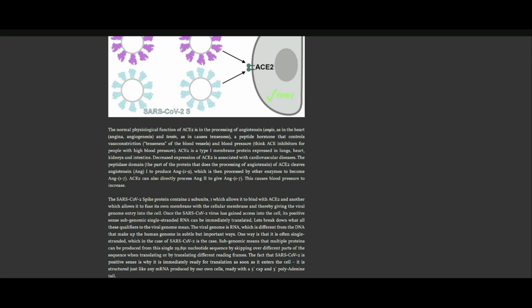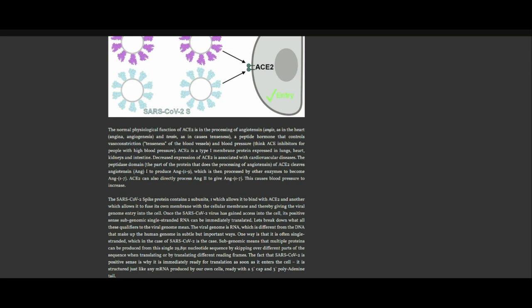So the ACE2 is in the processing of angiotensin, a peptide hormone that controls vasoconstriction, tenseness of the blood vessel, and blood pressure. Think ACE inhibitors for people with high blood pressure. ACE2 is a type 1 membrane protein expressed in lungs, heart, kidneys, and intestine. Decreased expression of ACE2 is associated with cardiovascular disease.